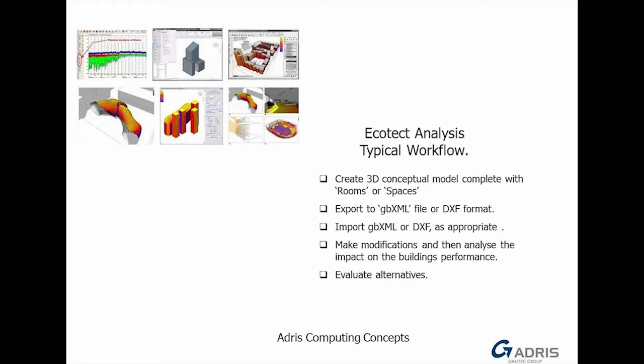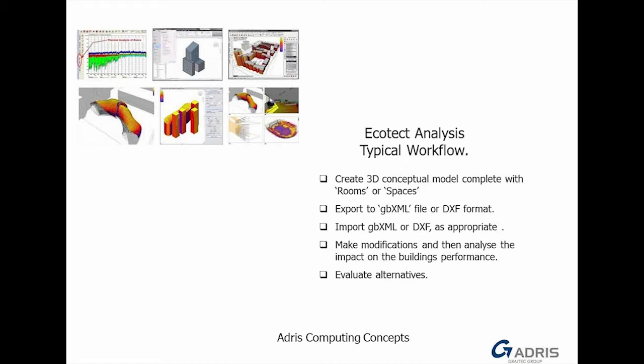And that would be either with rooms if this were Revit Architecture, or spaces if it were Revit MEP. You'll then export either a GBXML file or a DXF file based upon the previous slide, what type of analysis you're going to want to create.